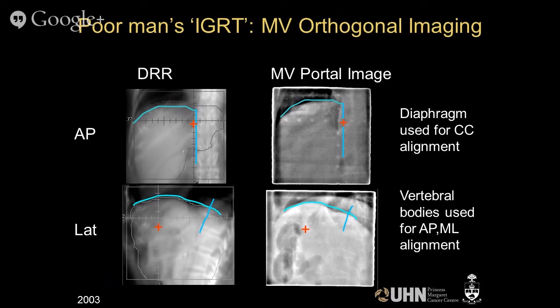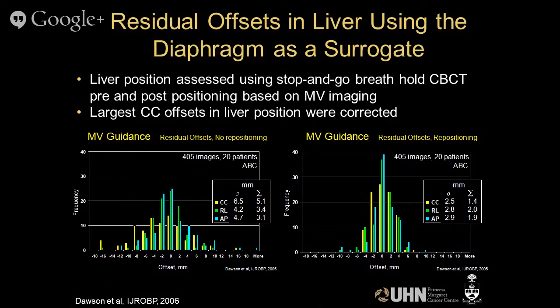The diaphragm was used as a surrogate for the liver tumor, and vertebral bodies to align patients. So simple, using older technologies, the DRR and MV portal imaging matched. It can correct for some of the offsets in the tumor position. As we transitioned to cone beam CT, in our first group of patients there was guidance using the MV orthogonal diaphragm approach, but we obtained cone beam CT in those patients.